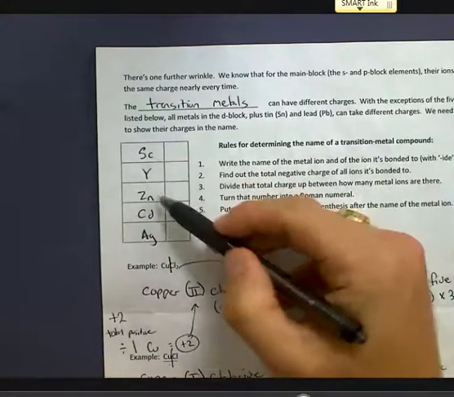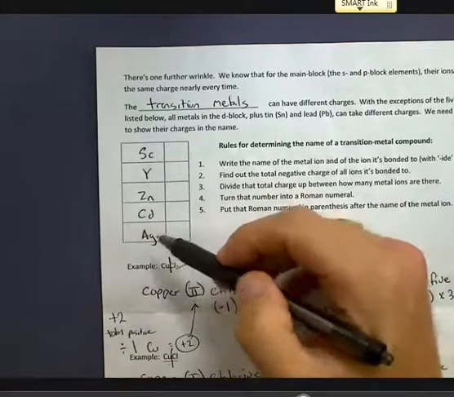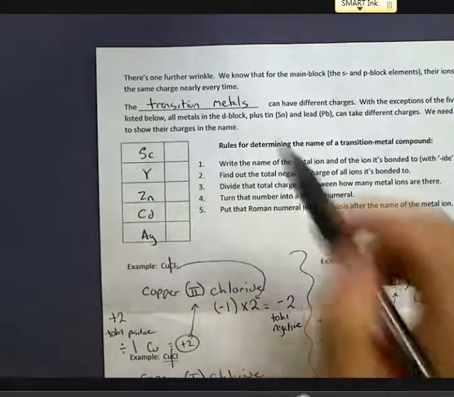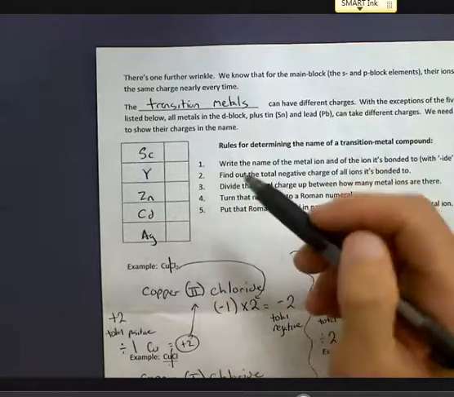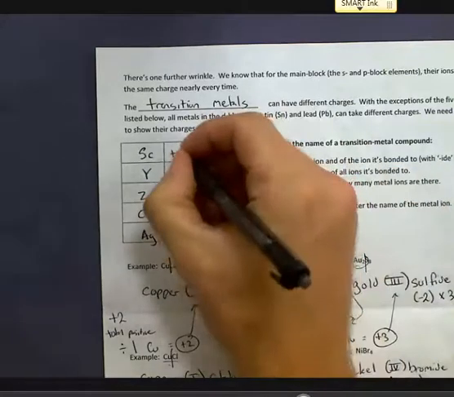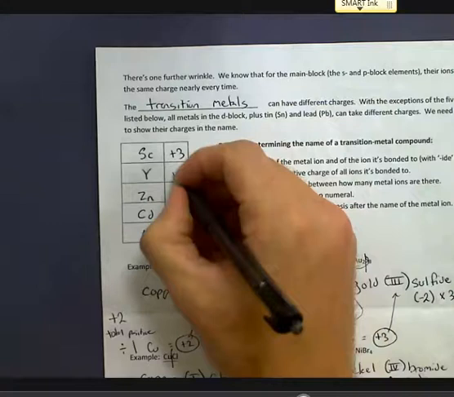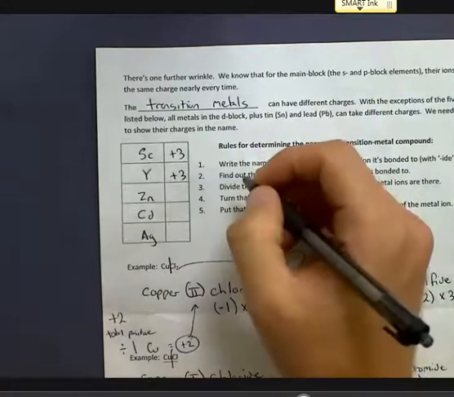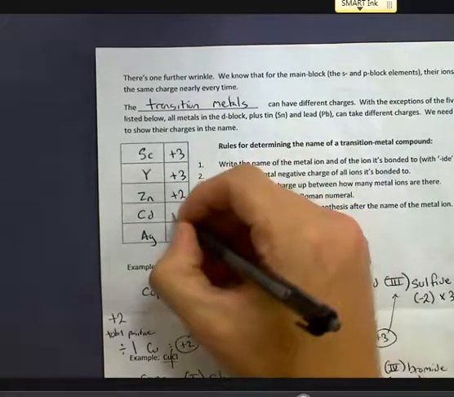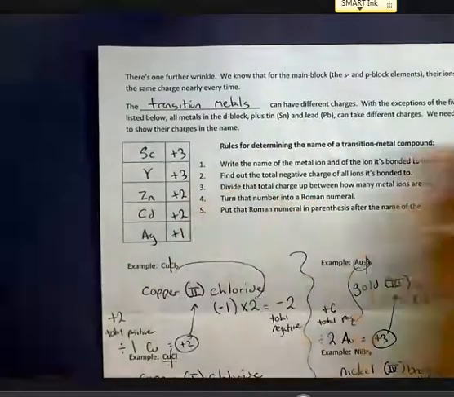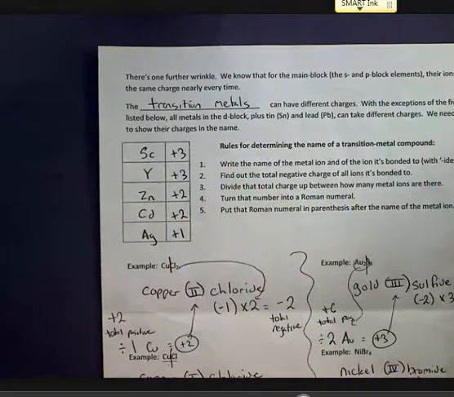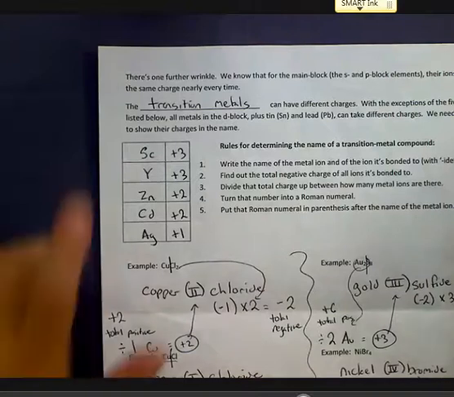When you see those, they will always have the same charges. Scandium is always a +3. Yttrium is always a +3. Zinc and cadmium are always +2. Silver is always +1. You will have to know those.